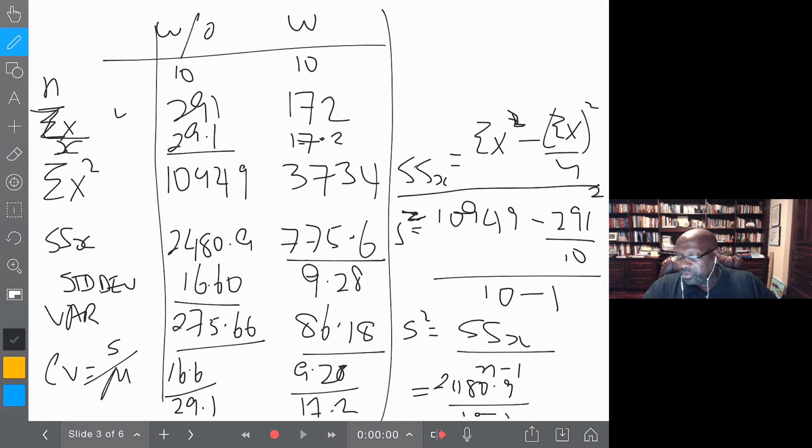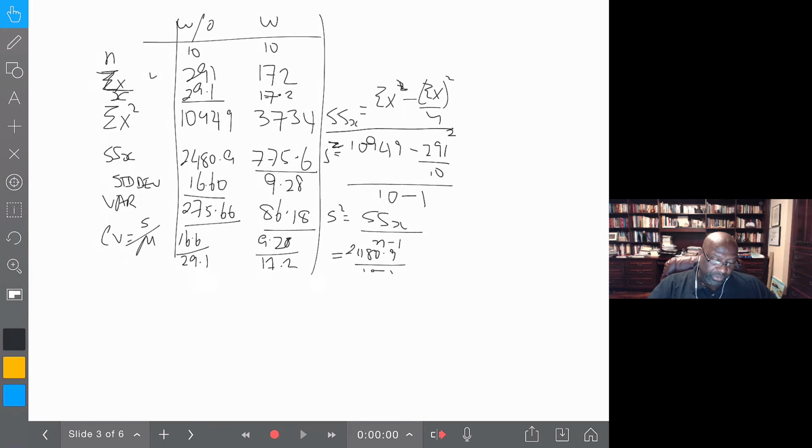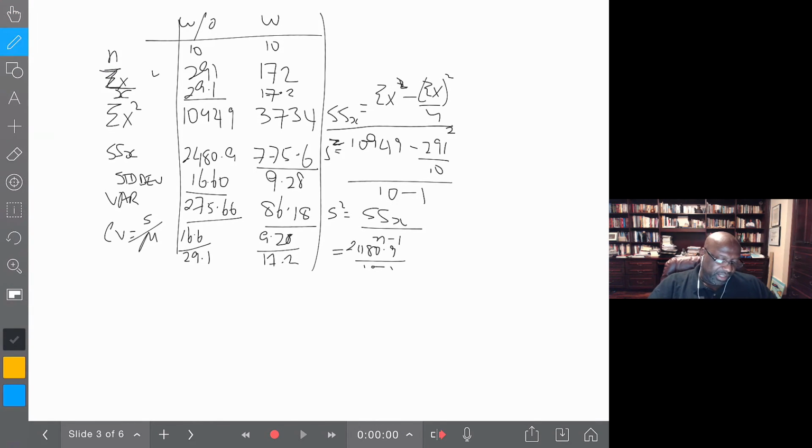Okay, so actually, interestingly enough, the relative variation is quite close. If you have a calculator, you could have done it a lot faster than I did. It turns out that it is 0.57 over here and 0.54 over here.